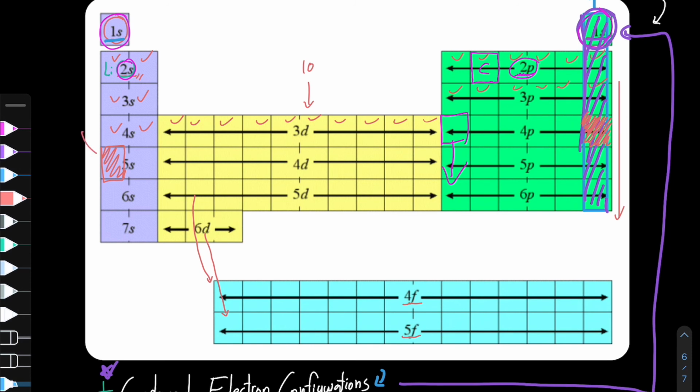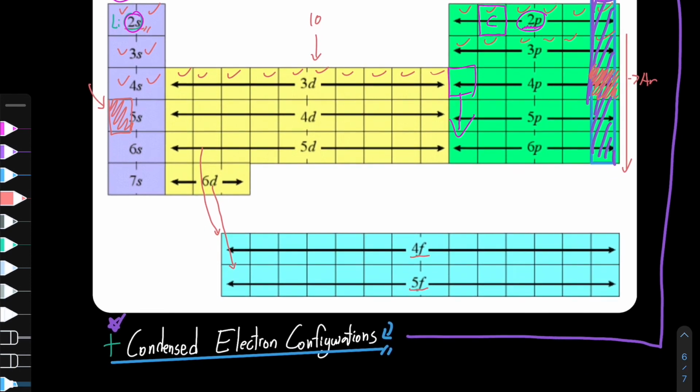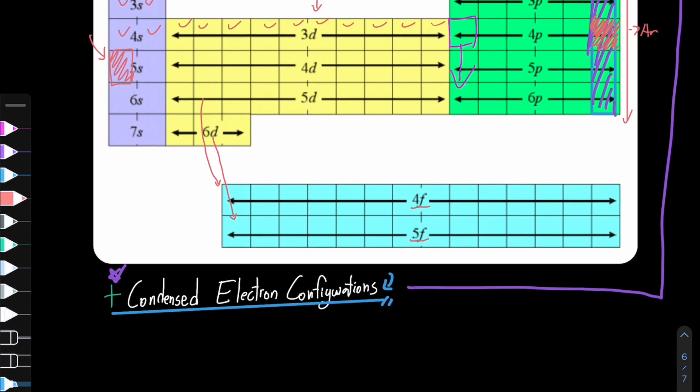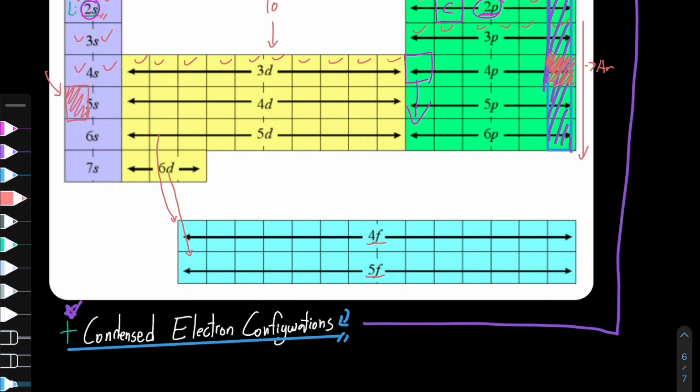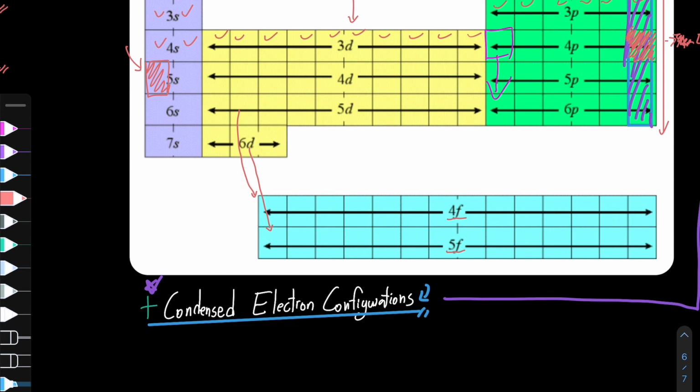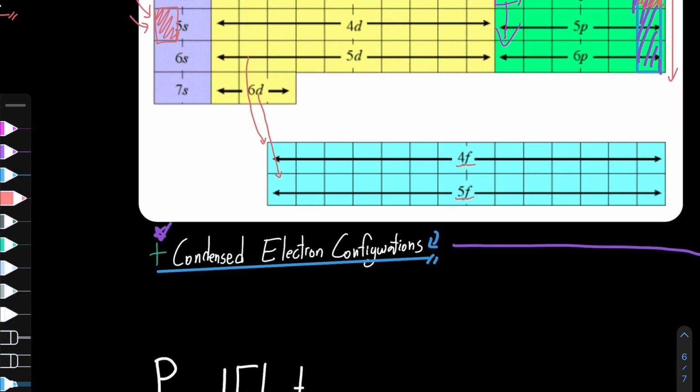So this would be argon, I'm pretty sure. Or let's say that it is a noble gas of X. So how we would write this electron configuration is that we would write this mysterious noble gas X in big brackets, and then we will write 5s1.